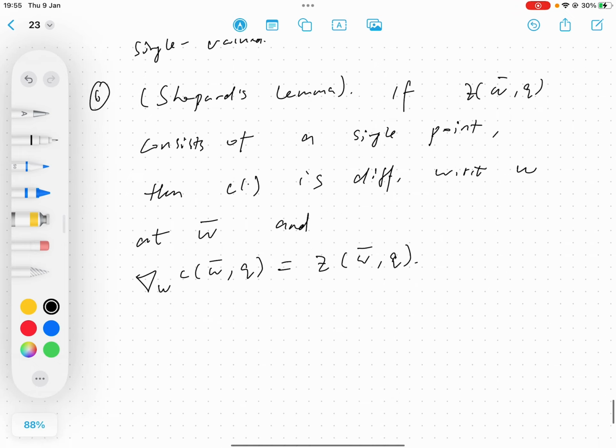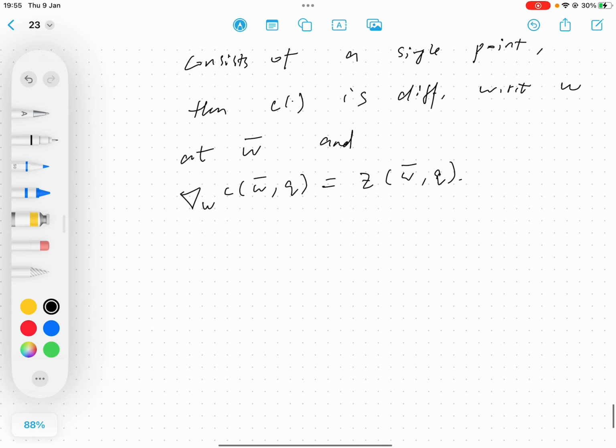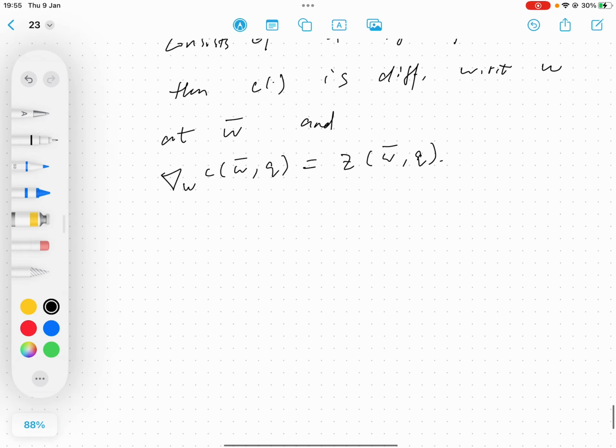So the gradient, again, is just a vector of all those partial derivatives of this value function with respect to all those dimensions. Okay, good. And this is also similar to the result that we have in consumer theory, right? Okay, so that was number 6, and then number 7.